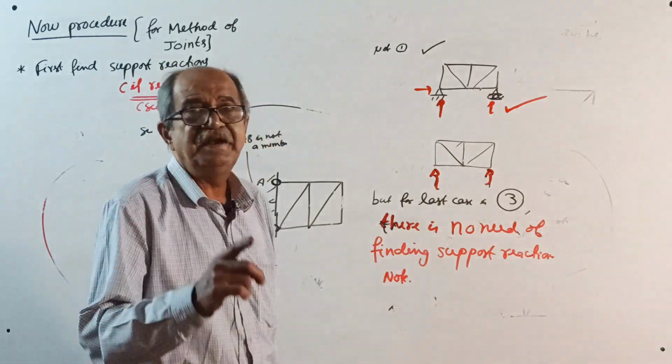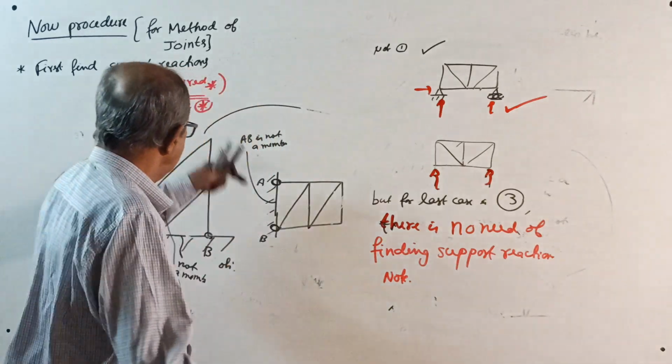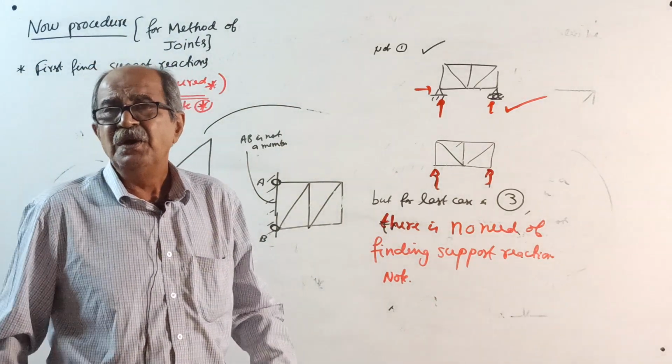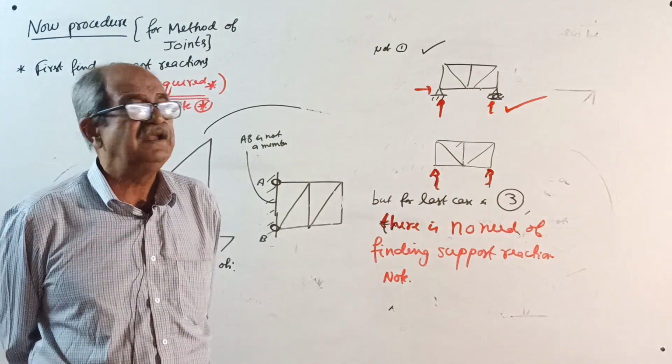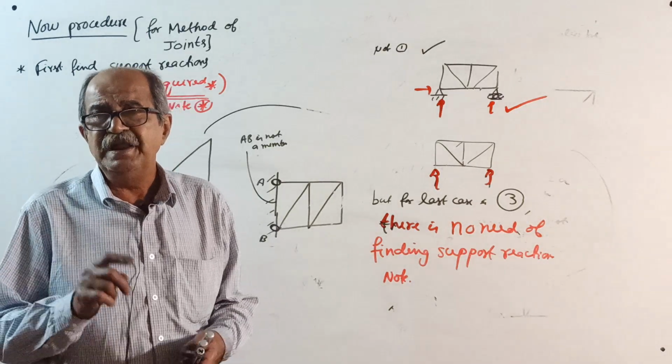Make a note here. I'll dictate. Does it mean that there are no reactions for this one? No. Reactions are there, but you need not find them. You can solve the question by the method of joints without finding reactions.